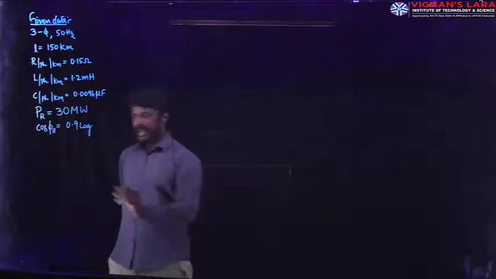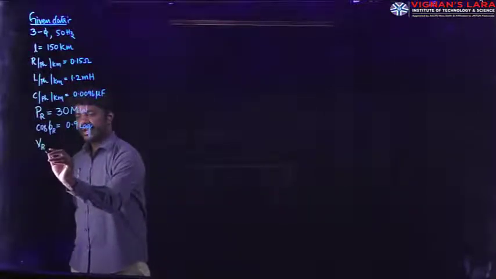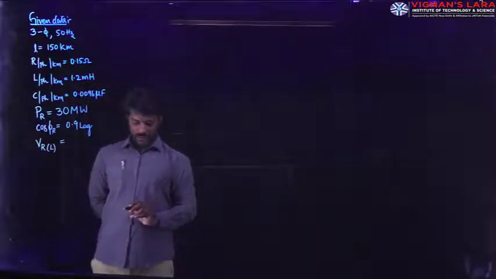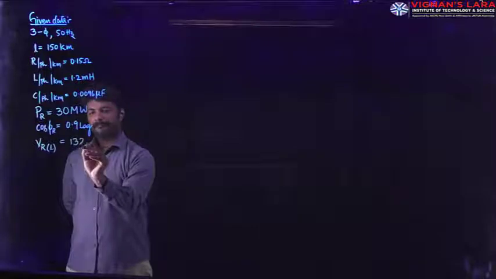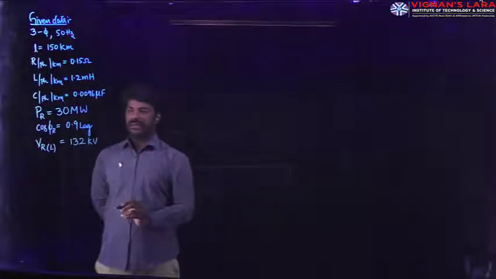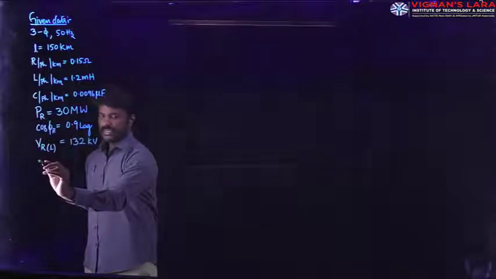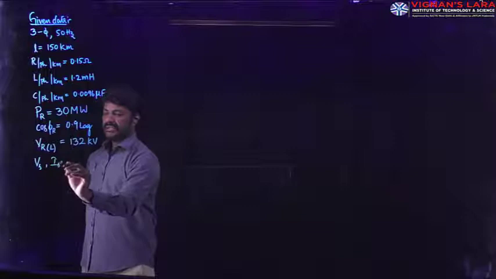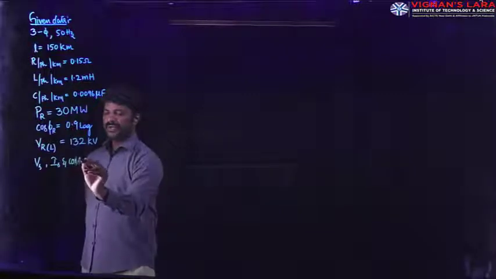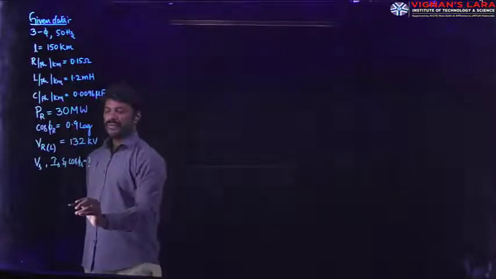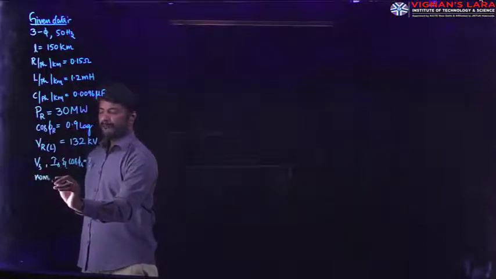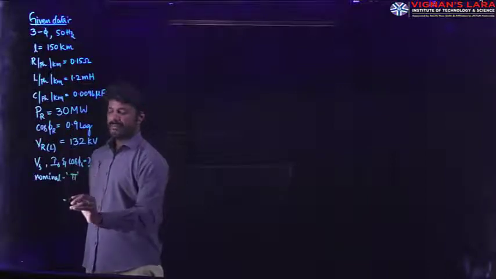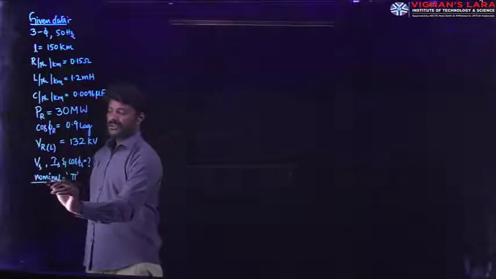It is supplied with a receiving end line voltage of 132 kV. Now they are asking us to find the sending end voltage, sending end current and sending end power factor cos phi s using the nominal pi method. So this was the given data.